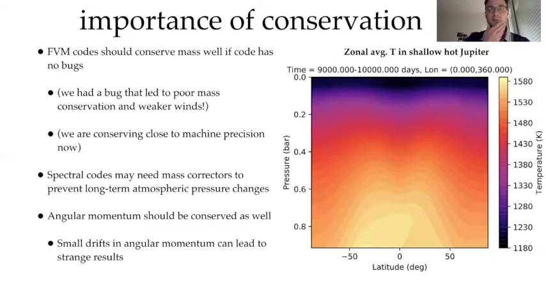And basically, after about 7,000 days of integration, this simulation saw a drift in the angular momentum that leads to this strange asymmetry that you see here at the bottom of the model. So it's important to consider these kinds of things. They can lead to strange results. I don't know exactly what the origin of this shift is, but I suspect that with a better resolution or time step, we would be able to resolve this conservation issue a bit better.